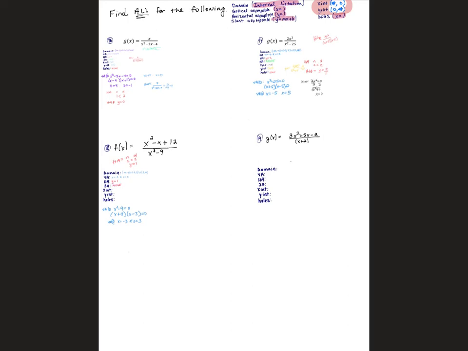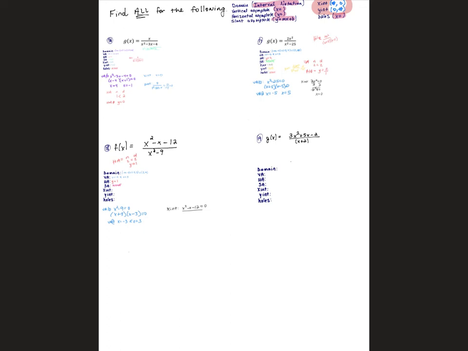Our x-intercepts are when we set the numerator equal to 0. So x-intercept, my numerator is x squared minus x. Let's make that a minus 12. Set that equal to 0. Let's change that real quick. It'll work out better if we do it this way.